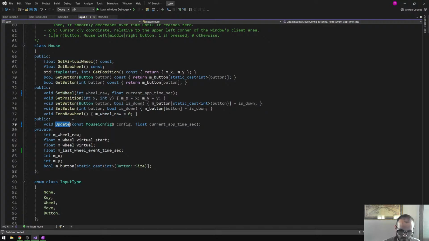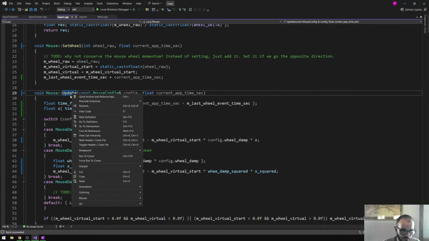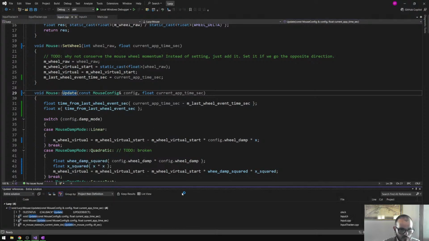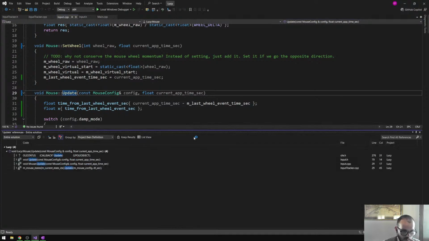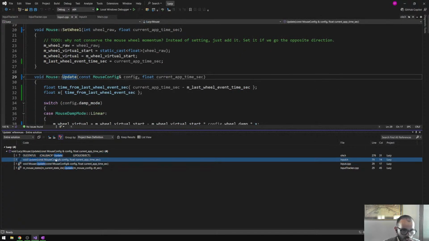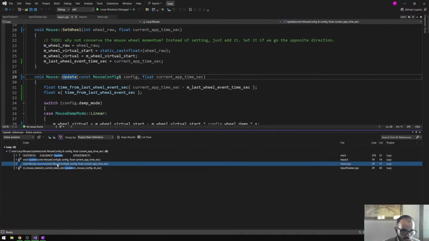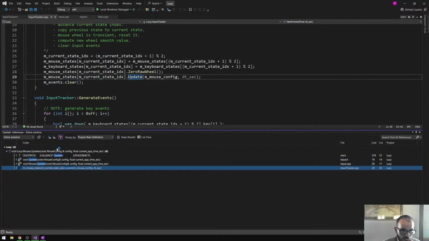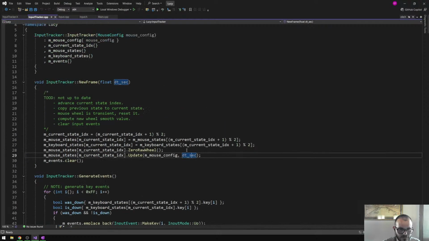Let me find our references, shift F12. Yes, we call the delta time. This is wrong, very, very wrong. We don't want the delta time. So let's do something like this.